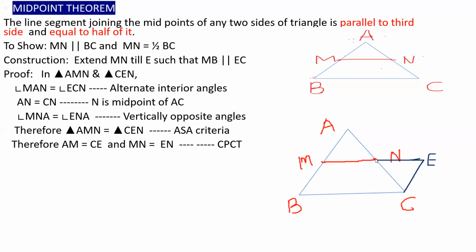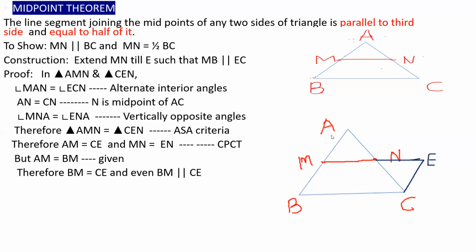So here we have proved N is the midpoint of ME and AM is equal to CE. But M is the midpoint of AB, that is given. Therefore, AM is equal to BM. But AM is equal to CE, which you have proved right now by CPCT. Therefore, AM is equal to BM is equal to CE, which means BM is equal to CE.